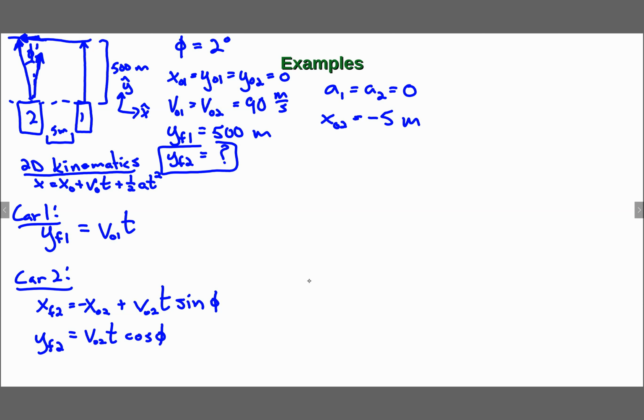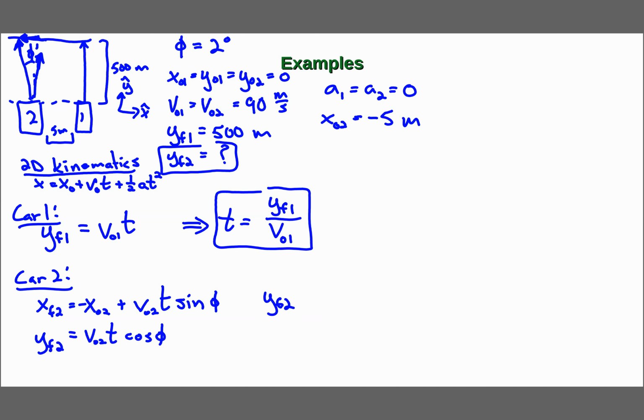So we know car 1 finishes at time T equals YF1 over V naught 1. Okay? And then the question is, what is the Y coordinate of car 2 at that time? So YF2 equals V naught 2, and then we'll replace T with this expression that's equivalent.